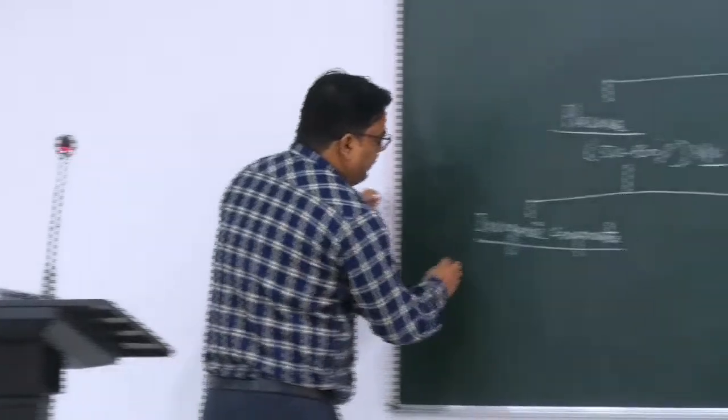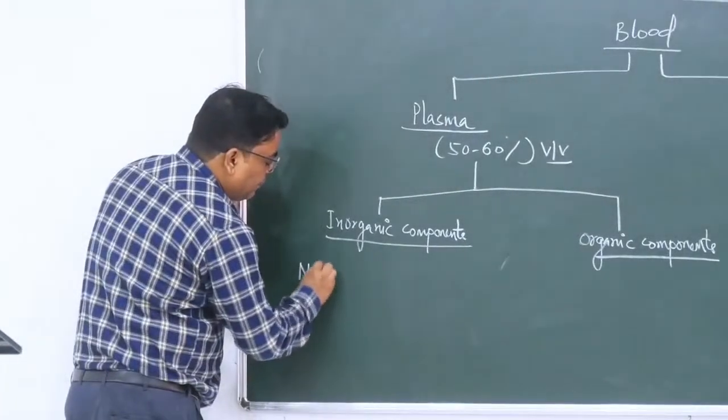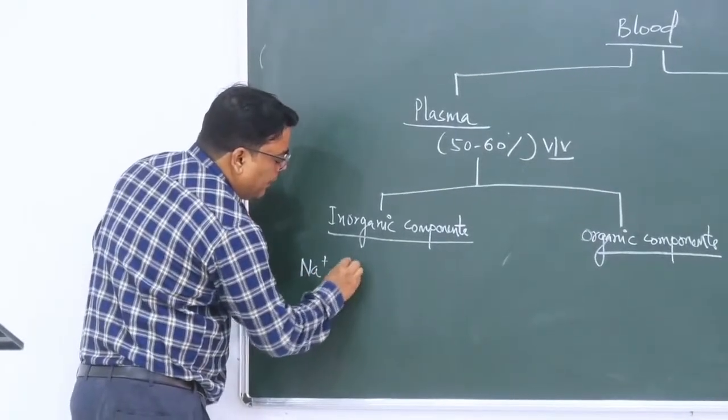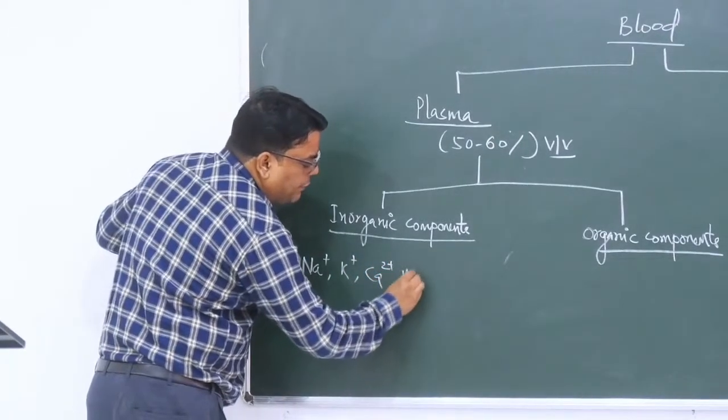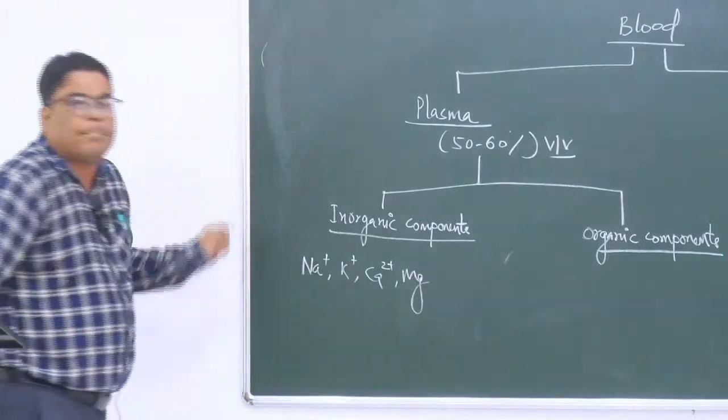In the inorganic components, plasma contains sodium, potassium, calcium, magnesium, chloride, phosphates.